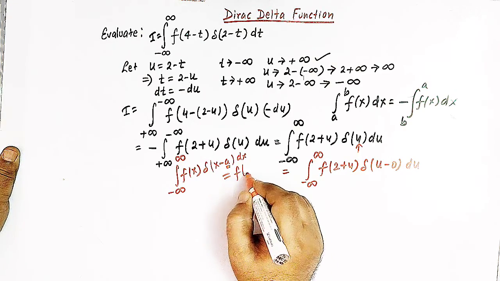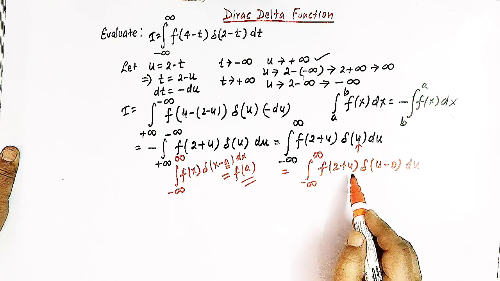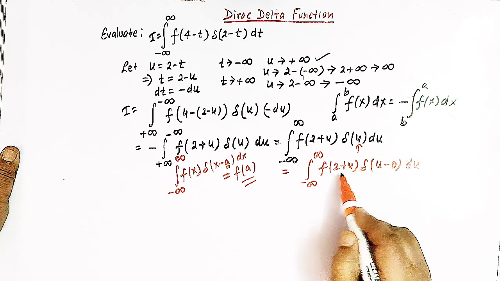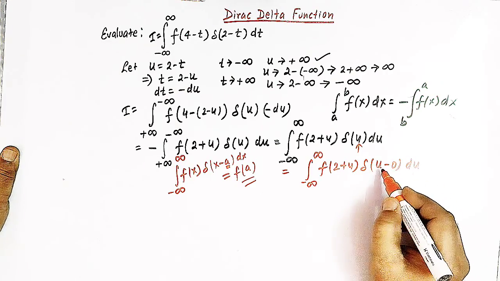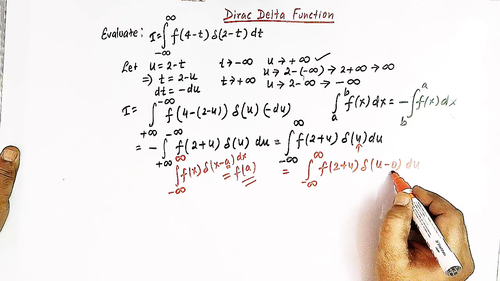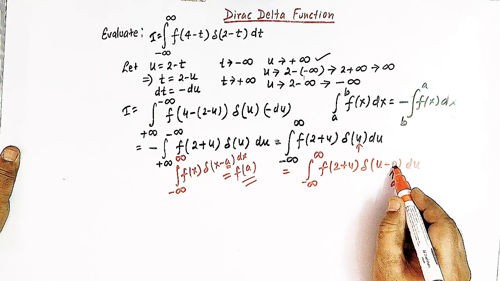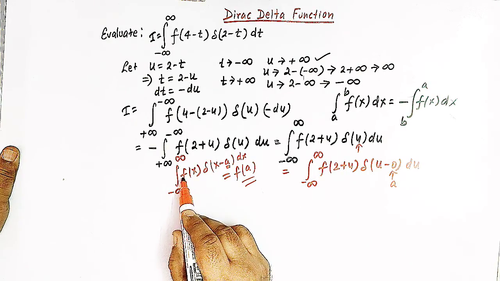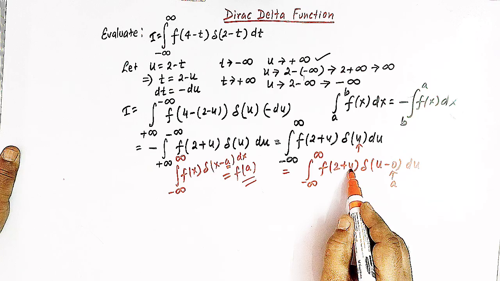So we have f of a. Utilizing this property, we can now write the value of this integral. Here we have u minus 0, so the value of a is equal to 0. And for the function f of x, we have f of 2 plus u, right?